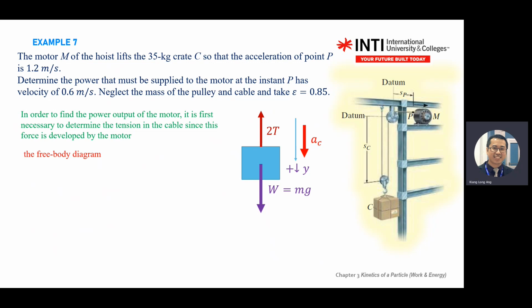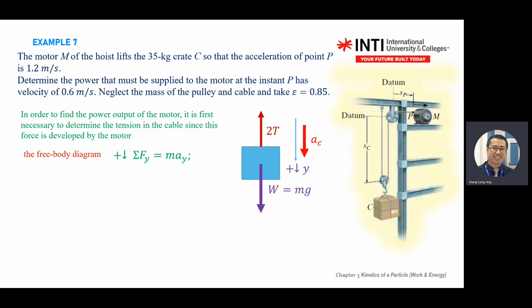You overlap your kinetic diagram on the same free body diagram. Acceleration goes down. Why? Because we want to align with the datum direction. Although it might go up, we follow the datum. So datum goes down, acceleration goes down, y positive goes down.